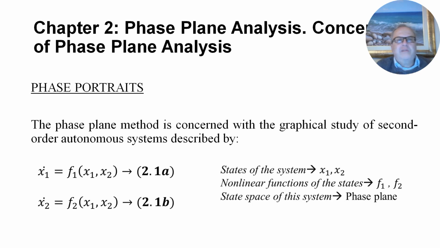And now, let's go to chapter 2. In chapter 2, we will examine the phase portraits. What does phase portrait mean? Phase portrait means that you have this system, x1 dot equal f1(x1, x2), x2 dot equal f2(x1, x2), and you must eliminate time.